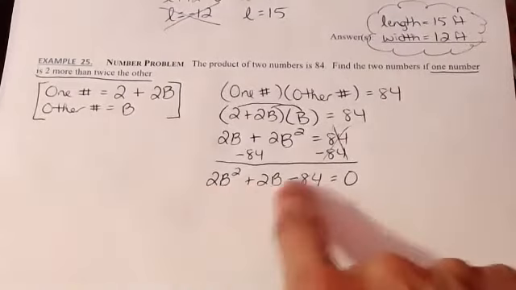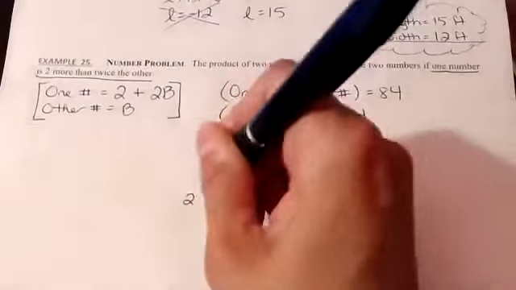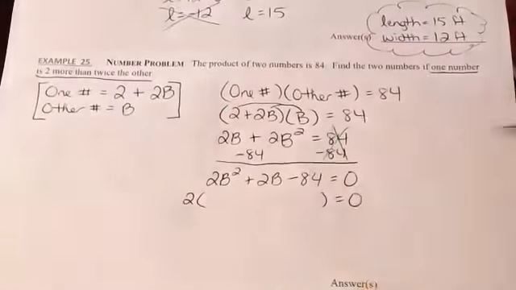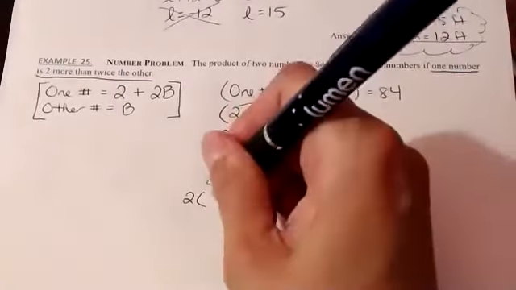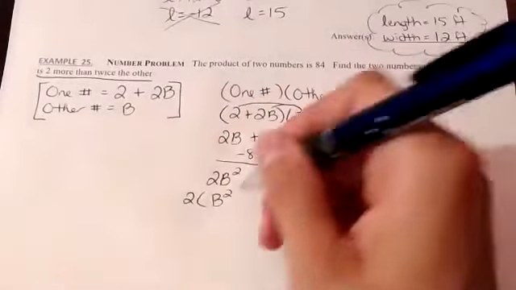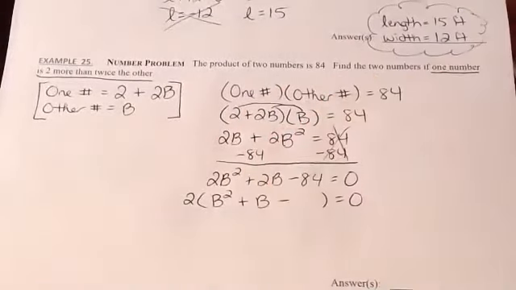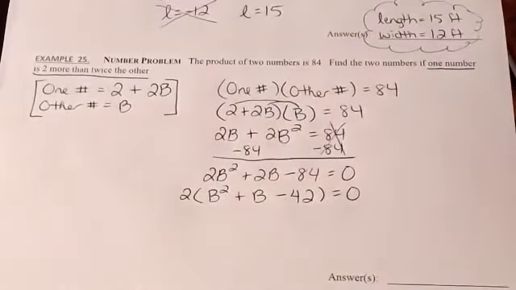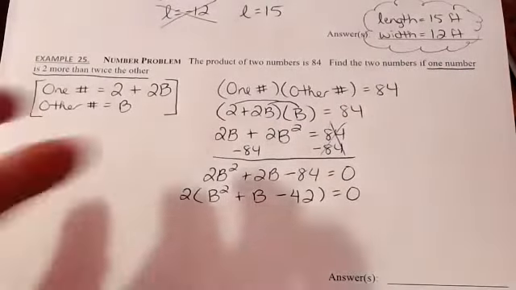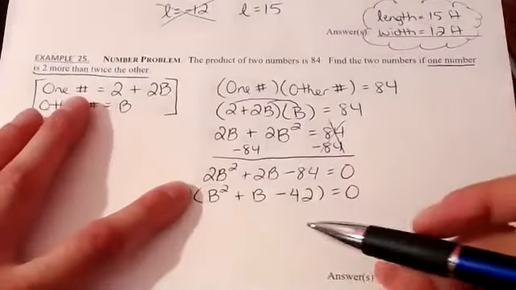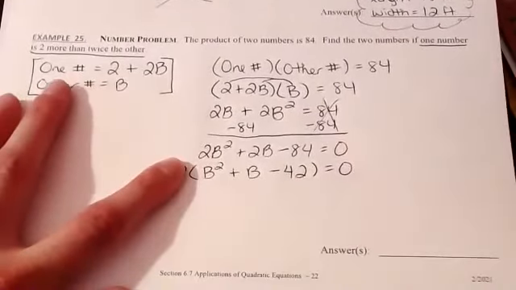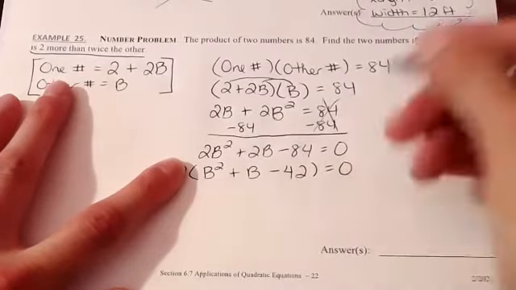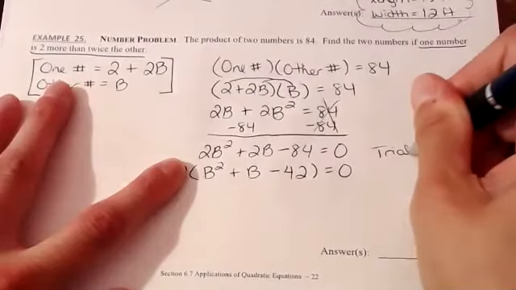So notice here we have a common factor of 2. So we're going to factor that out. That leaves us with b squared plus b minus 42. We're going to go ahead and cover up the 2. I'm going to move through this a little bit quicker because, again, these are just a recap of factoring techniques. b squared plus b minus 42, that means we're going to use trial and error.